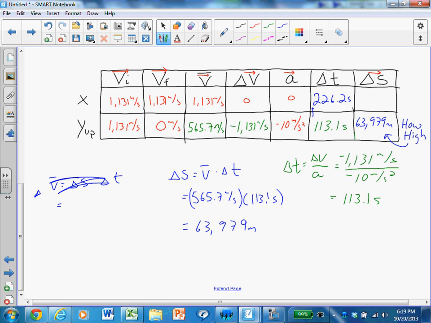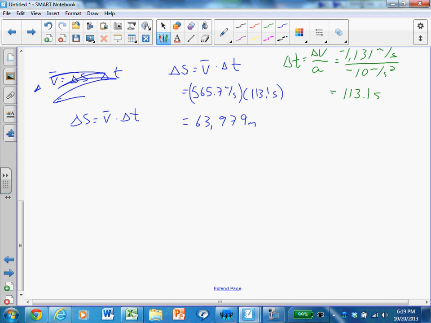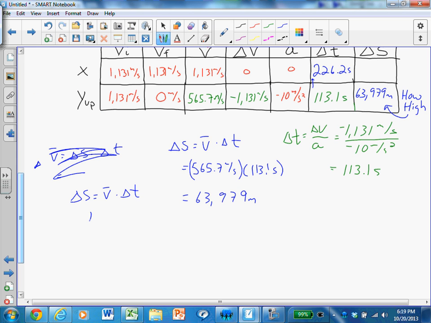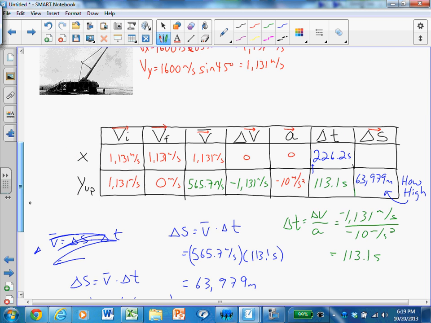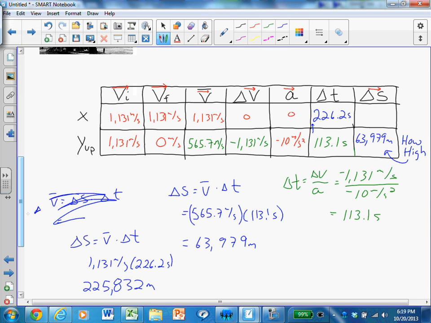Delta S is V bar times delta T, which is 1,131 meters per second times 226.2 seconds, or 225,832 meters. That's how far.